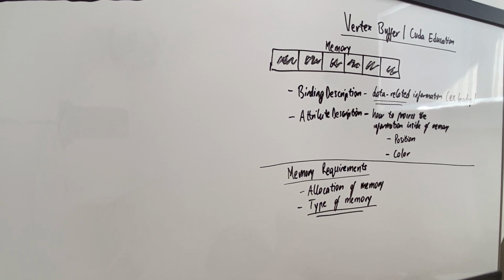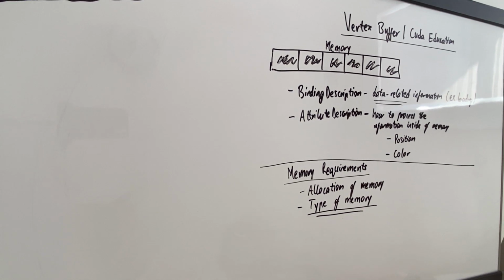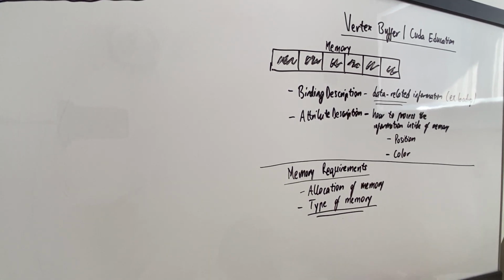So basically we cycle through the memory types, and then we get the index of the memory type that is suitable for what our application needs. And we save that memory index, and then we use it for what we need to generate the triangle. So this is all part of the Vertex Buffer conversation. So, type of memory is very important. Of course, you have the allocation of memory.